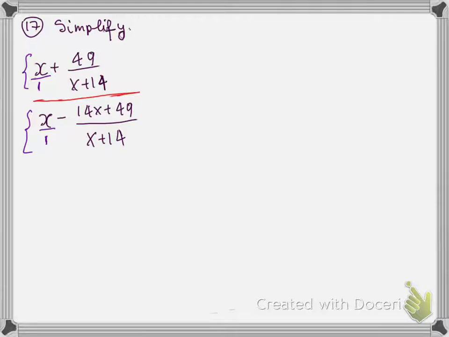So in order to simplify this, we can go in different routes. The way I'm going to go here is I will write the numerator and the denominator in the simpler form. So I will write the numerator as one fraction. So we're going to add those fractions. So we have x over 1.